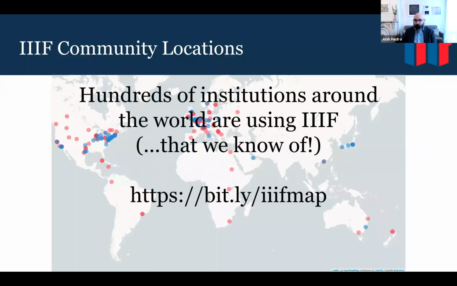One of the things we want to work on in the coming year is better representing the breadth of implementations around the world. You can see the map that feeds the data for that image at bit.ly/IIIF map. So please take a look.